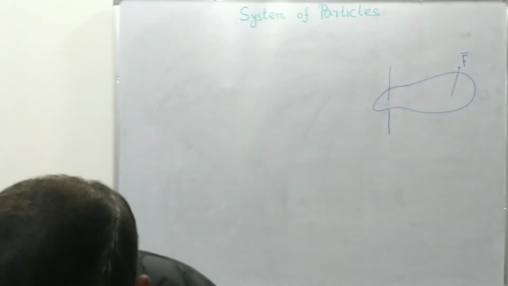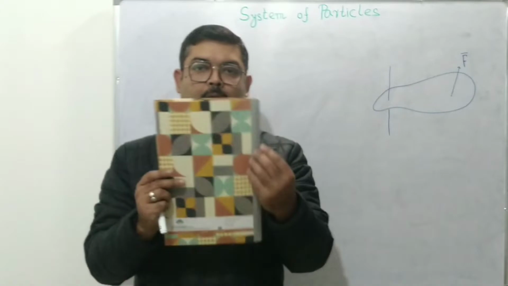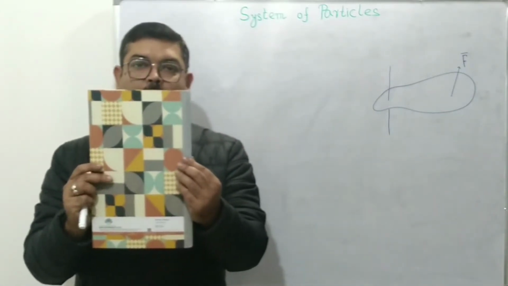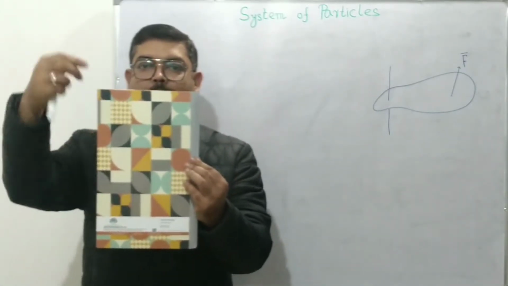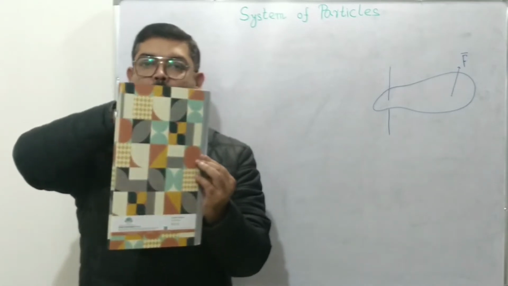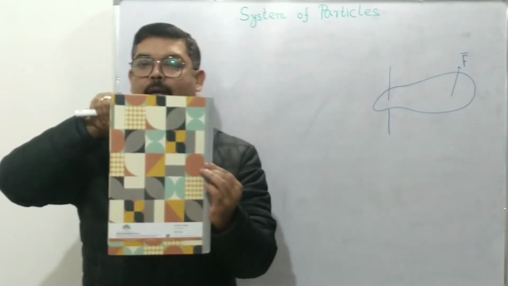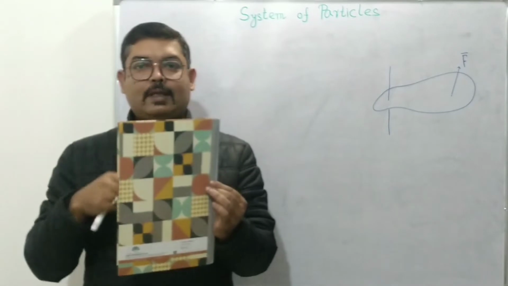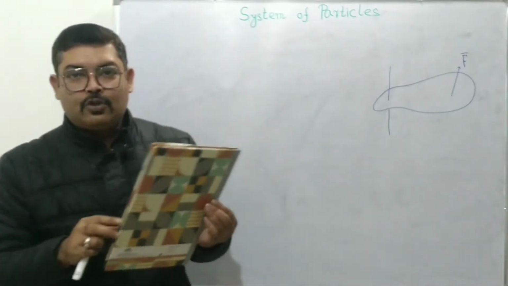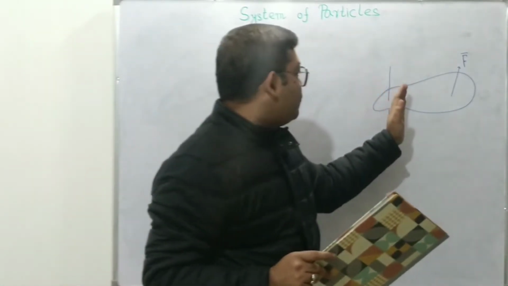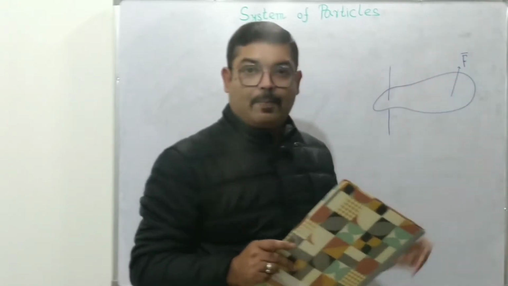Let's say this is our door. If I apply a force at this point, I need more force to rotate it. However, if I apply a smaller force here, it can rotate it by the same amount. So it becomes very important to find where the force is applied.